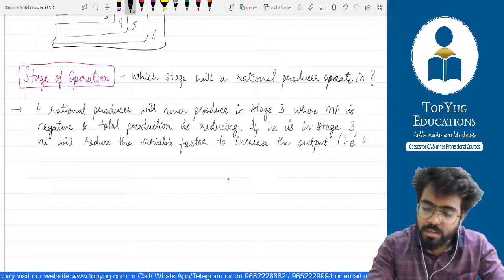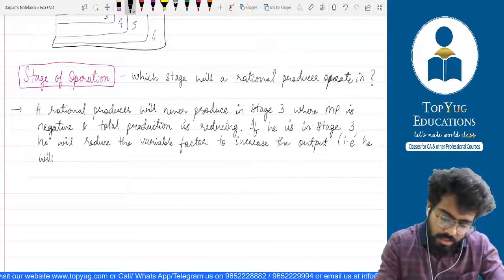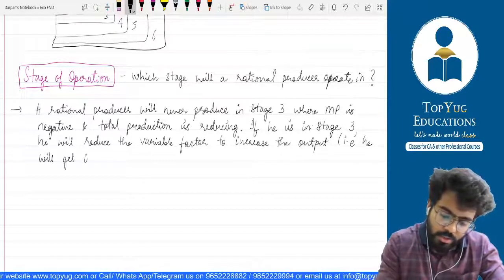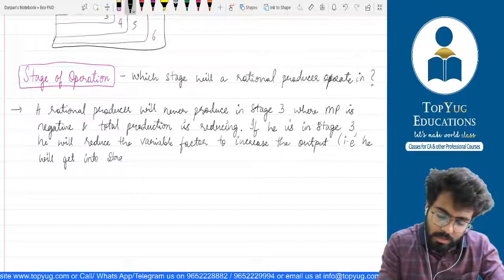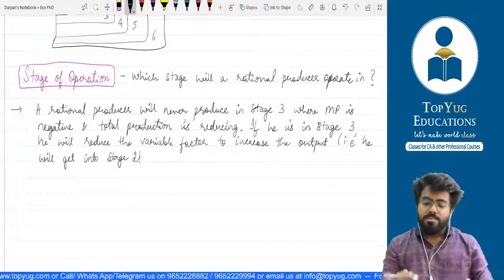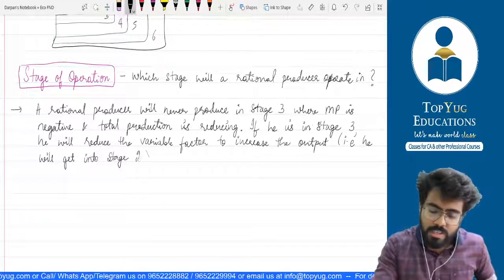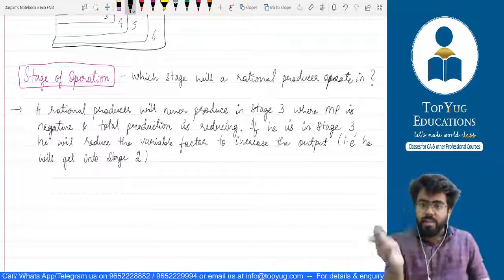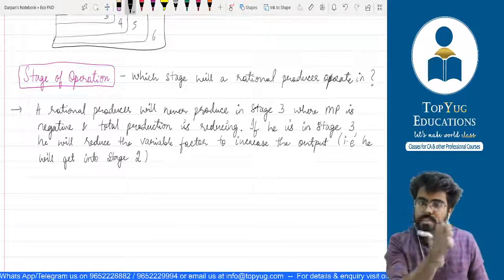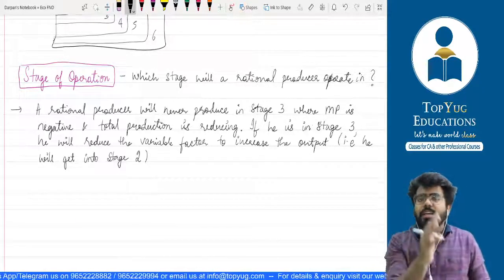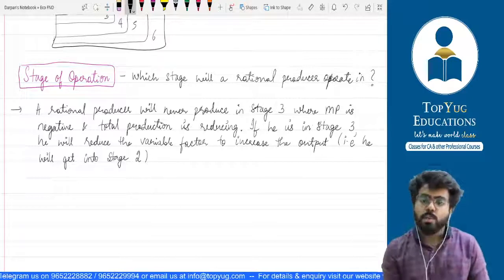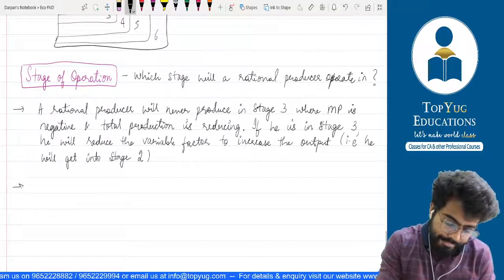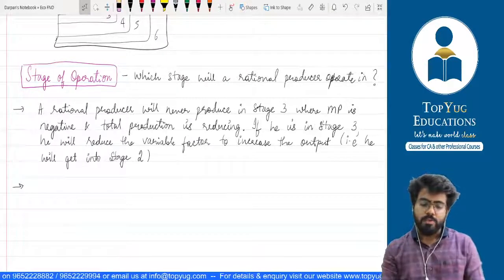That is, he will get into stage 2. If he is reducing the variable factor, where will he go in the graph? He will go towards the left. So he will go to stage 2.